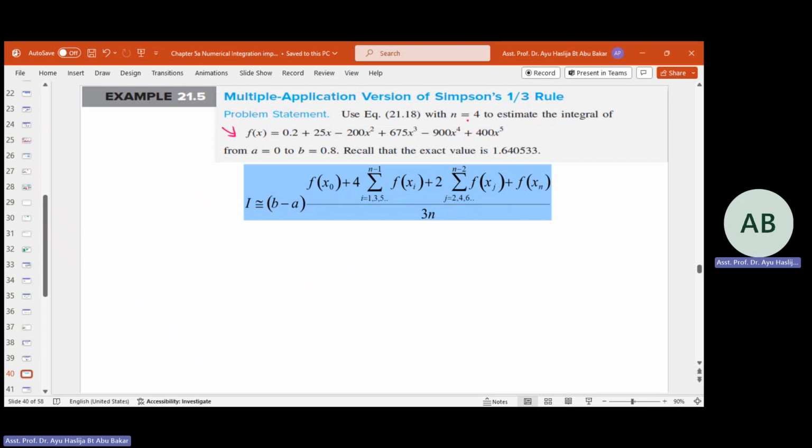It asks you to use n equals to 4 to estimate the integration of this function from a=0 to b=0.8. That is your range. Simpson 1/3. We check the correct equation first. This is the correct equation, Simpson 1/3.